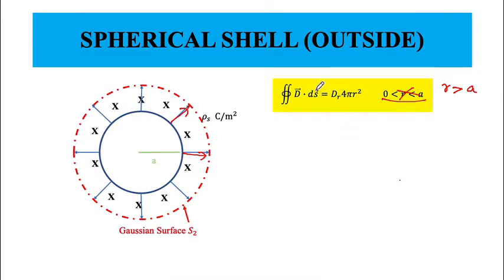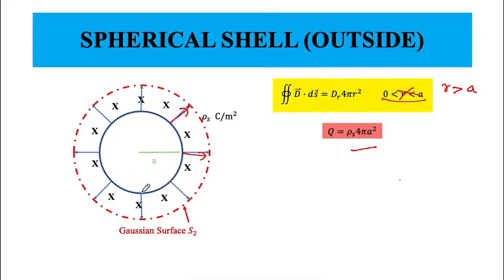So what happened to the right hand side of Gauss's law now? You must see that this should be equal to the total charge enclosed by the surface S2. Now there is no charge in the intermediate region over here, right? The amount of charge enclosed must come by integrating the charge density over the surface area of the sphere, which is the original cell of charge that we are considering.